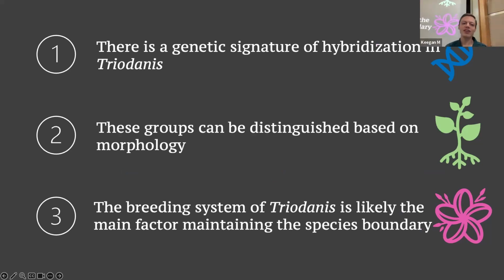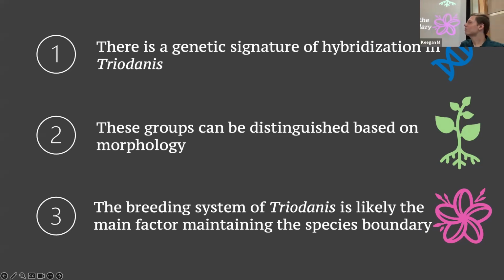So in conclusion, there is a genetic signature of hybridization between Triodanis biflora and perfoliata. These groups can be distinguished based on morphology. So morphological patterns vary across hybrid zones, but these two groups can be distinguished based on several morphological traits, even within hybrid zones.